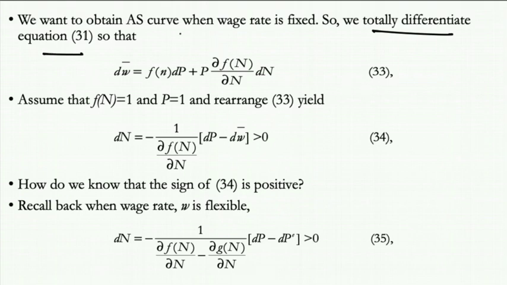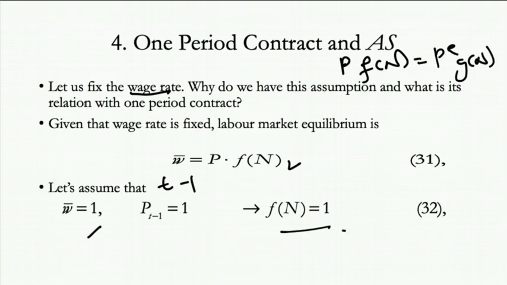How do we totally differentiate it? If you go back to equation 31 here, we have fixed wage W bar equal to P times Fn. So this one becomes dW bar, isn't it? Totally differentiate this one first, keeping this fixed, plus totally differentiate Fn, keeping price fixed.